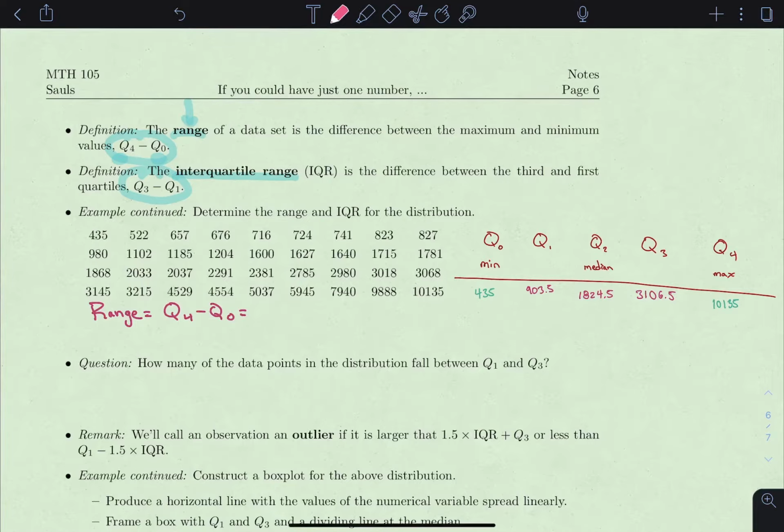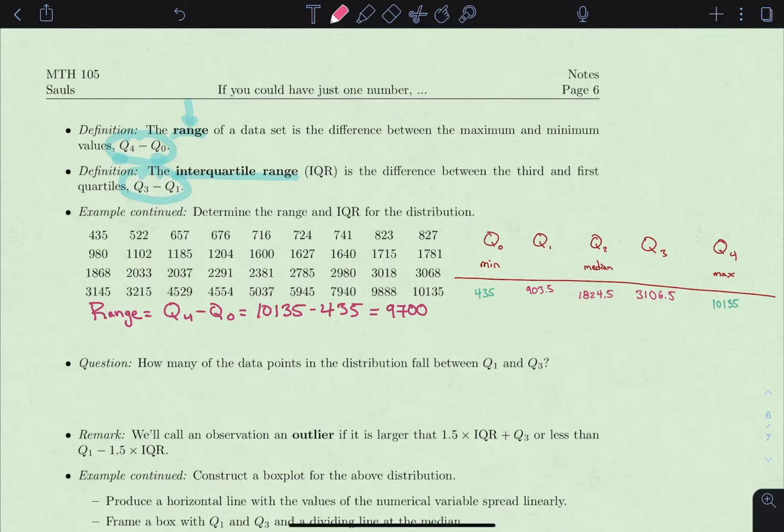And I just copied over our table from the previous video. 10135 minus 400, also 35, okay? And that will be an even 9,700, I believe. And so that's how wide the data set is.